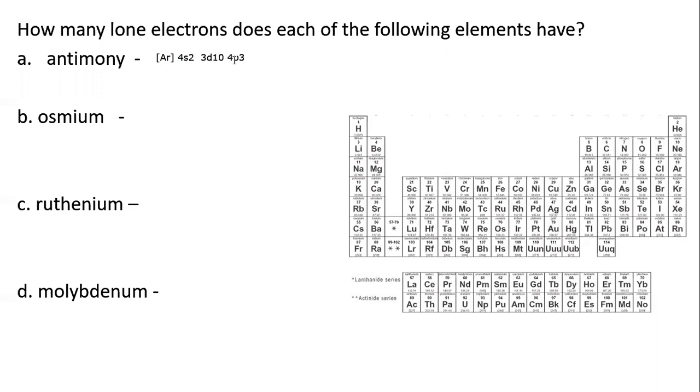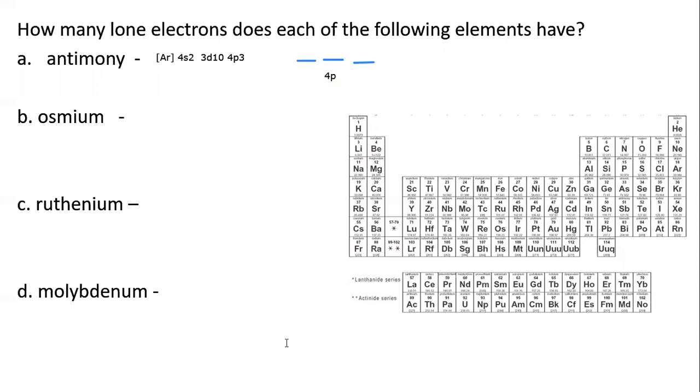Now with the 4p, you see we only have 3 electrons, and if you remember from previous lectures, the p orbital has 3 degenerate orbitals. So 3 m sub L values. So this is what the 4p looks like.